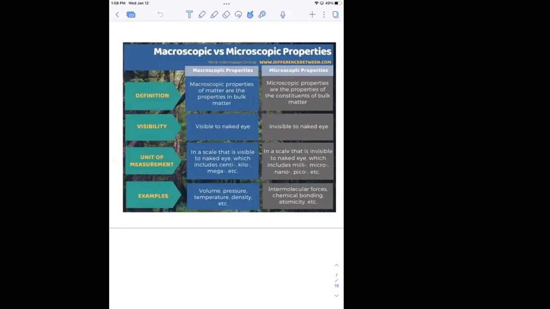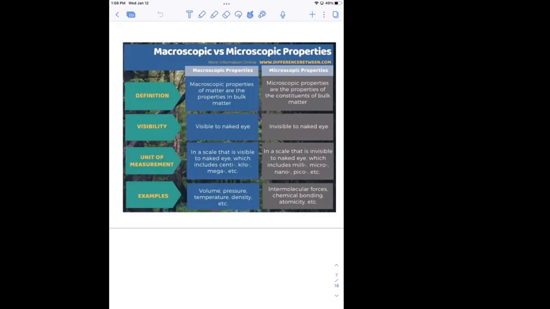And then for something that's micro, it's the opposite. It's invisible to the naked eye. The scale is much smaller. And then you have to use specific types of instruments to measure things on the micro level. And then to take that even further, because we're going to talk about physical properties, maybe not today, but definitely Wednesday, because I think Friday, because I think we're out Monday.